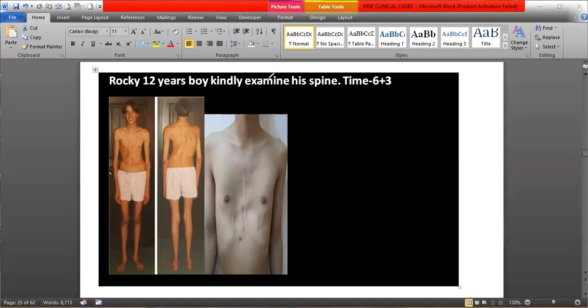Now we'll practice over this case. This is a very, very important case. Anyone interested? We have already discussed the case. Dr. Amma, you have got the seat now.